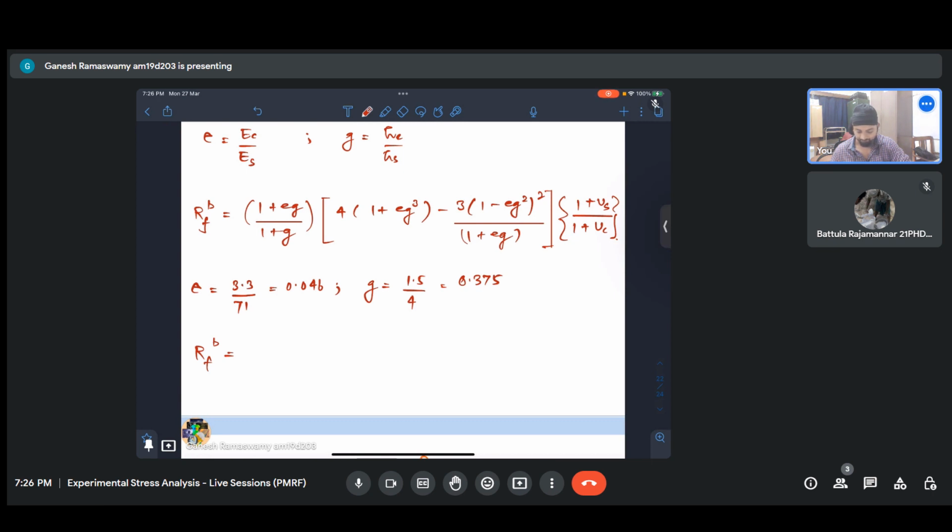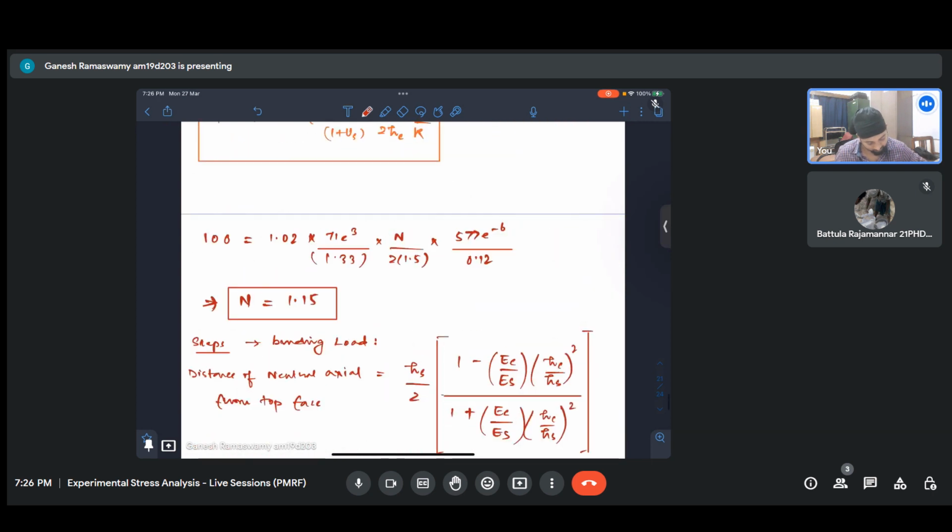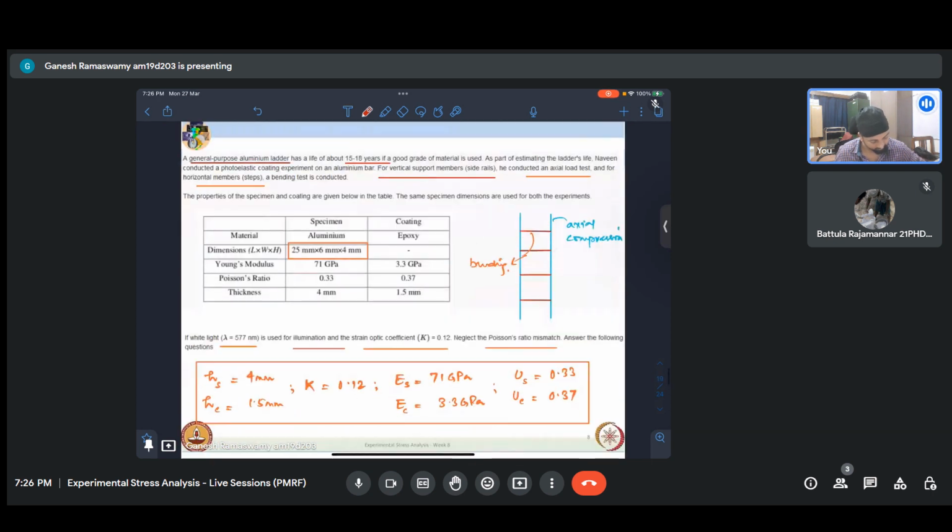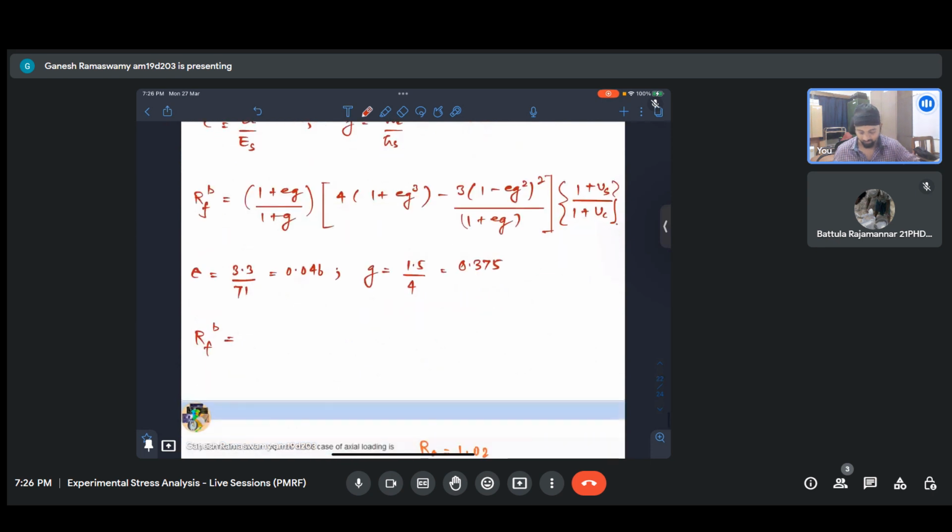Mu C is given in the question, it is 0.37. 4 into 1 plus E into G cube into 1 minus E into G squared whole squared divided by 1 plus E into G. So this comes out to be 0.789, 0.79 exactly.